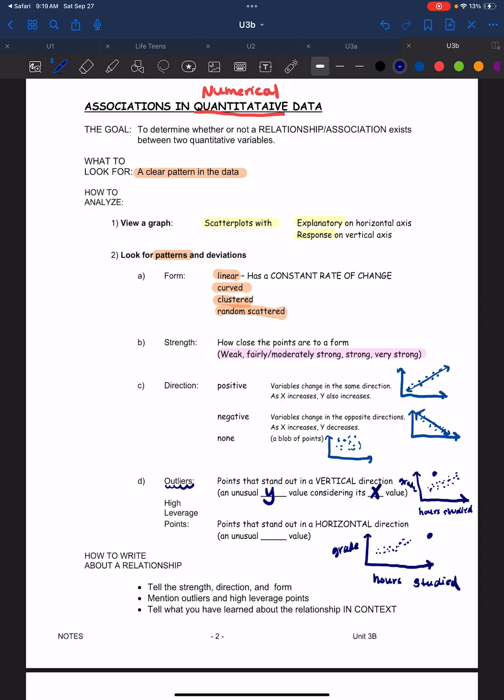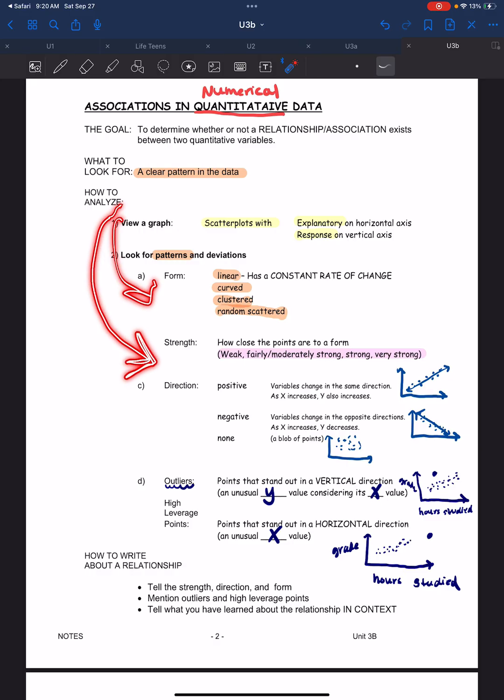We would call them a high leverage point because they're standing out in a horizontal direction, so they have an unusual x value in comparison to everyone else. Whenever we look at some data, these are things we're going to be thinking about. What does the data look like? Kind of like the shape from our first unit.